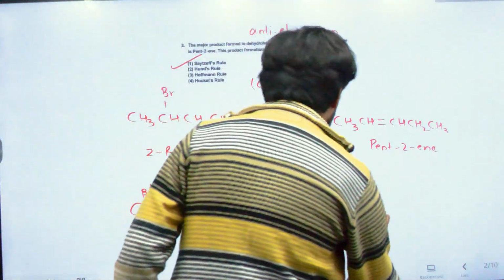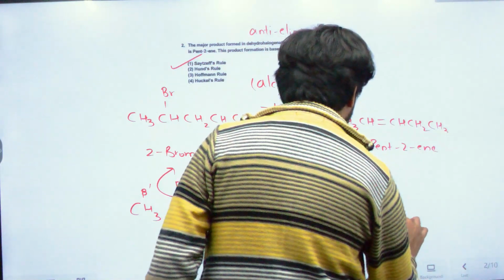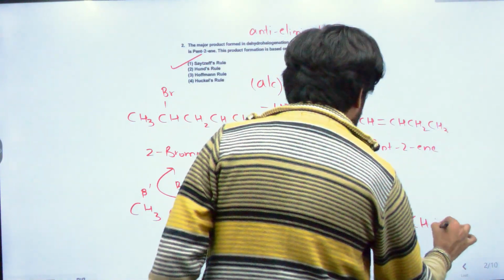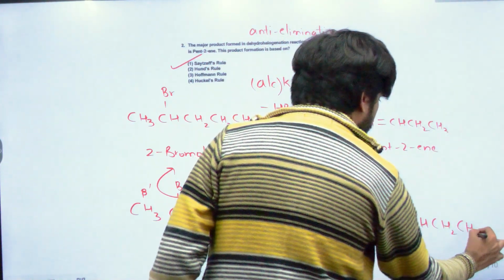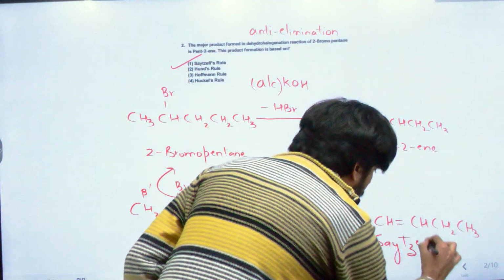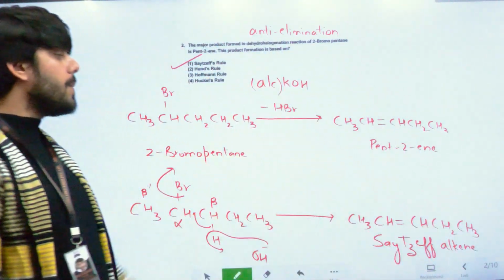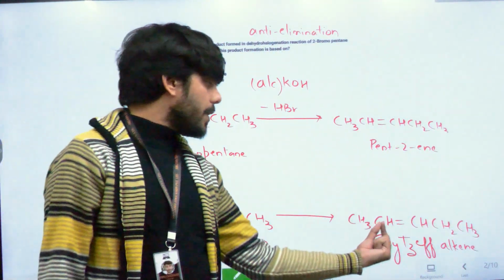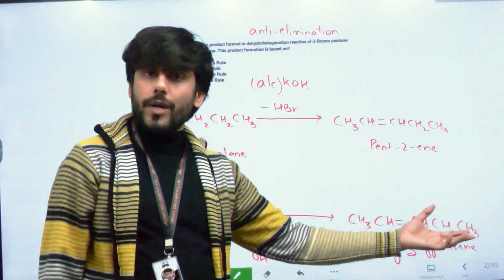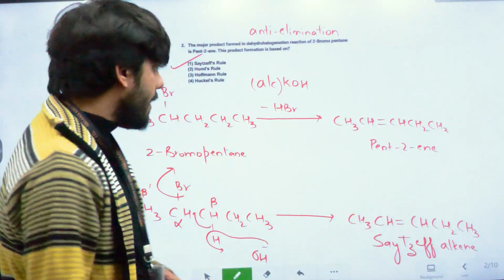So what I am getting is CH3, CH double bond CH, CH2, CH3. This is your Saytzeff alkene. That is the more substituted and more stable one, because more hyperconjugative structures are possible due to the presence of more alpha hydrogens.